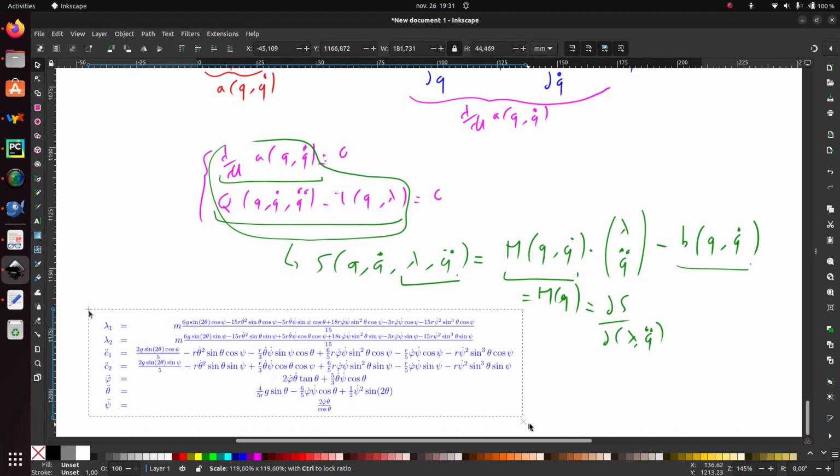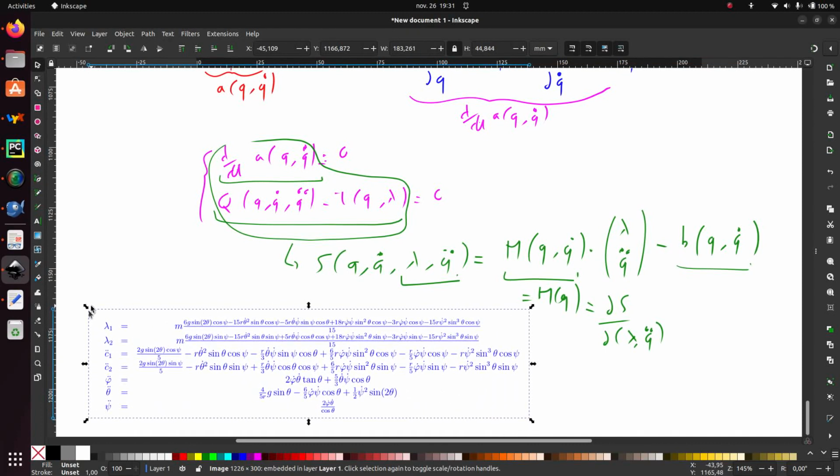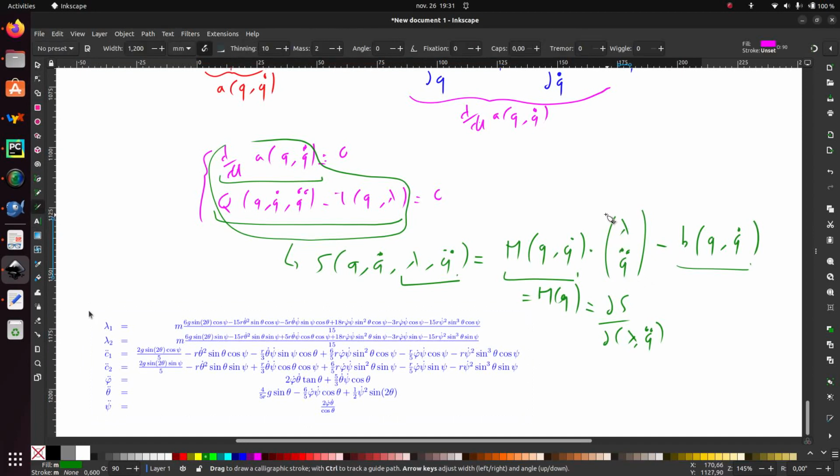To obtain this, I had to isolate in this equation, and I had to invert this matrix. Once isolated, I obtain an expression where lambda 1 and lambda 2 have been isolated, but also this corresponds to q dot dot.